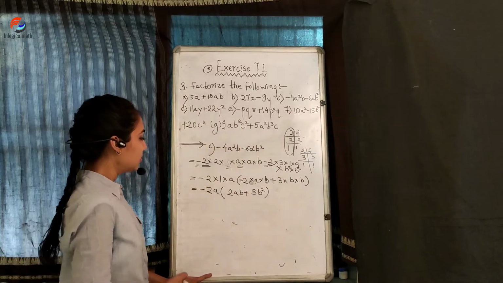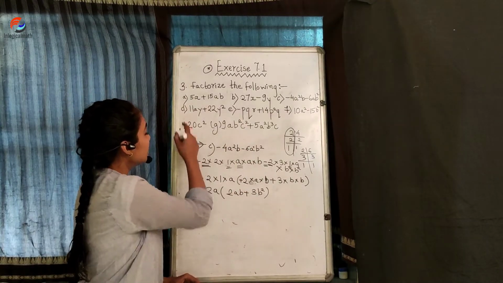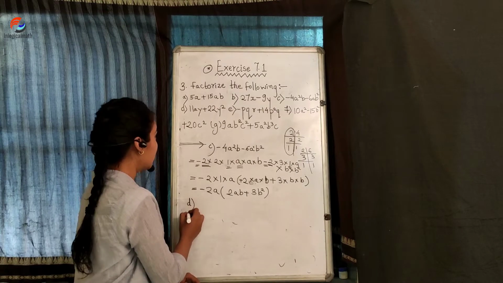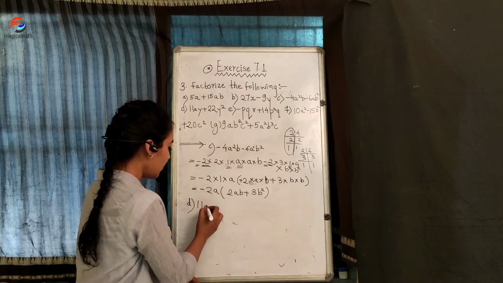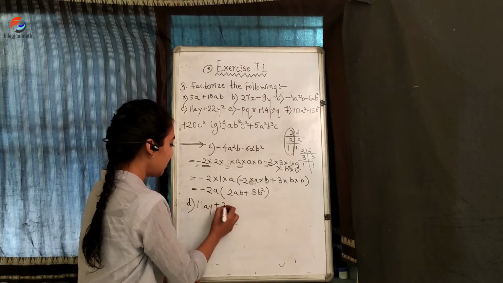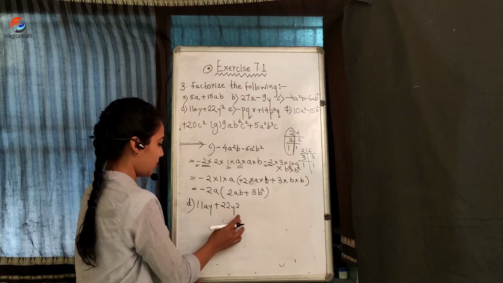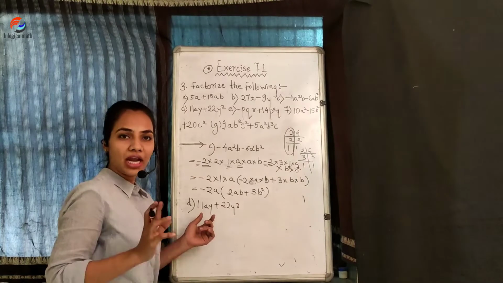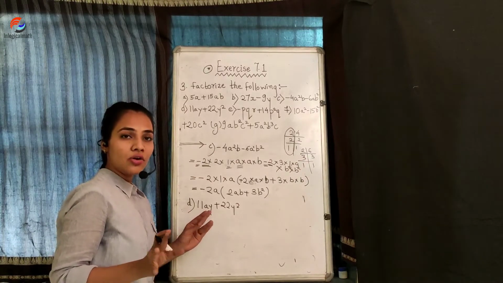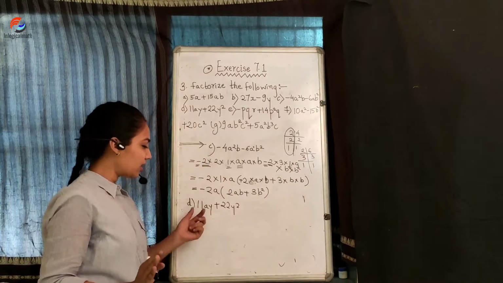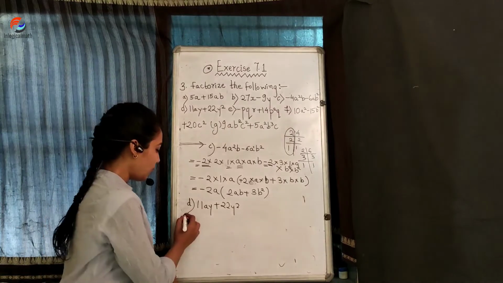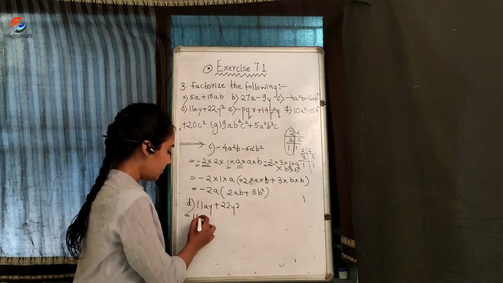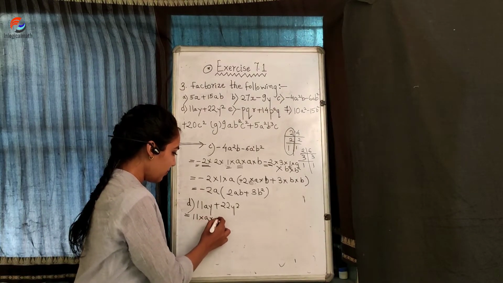Now go for D question. Okay, so 11ay plus 22y square. So 11 is nothing but a prime number. So what are the factors? 11 multiply 1 is the only factor for 11. Okay, so 11 multiply a multiply y.